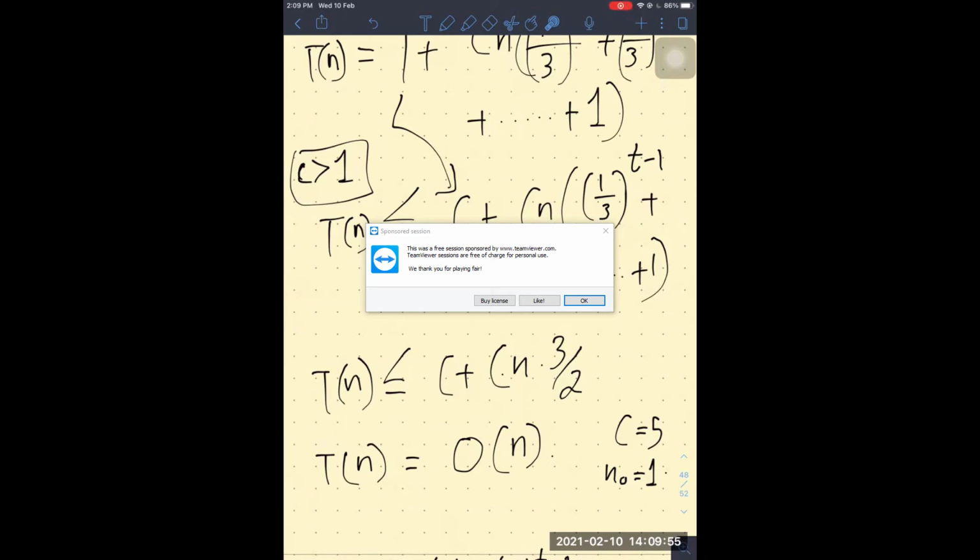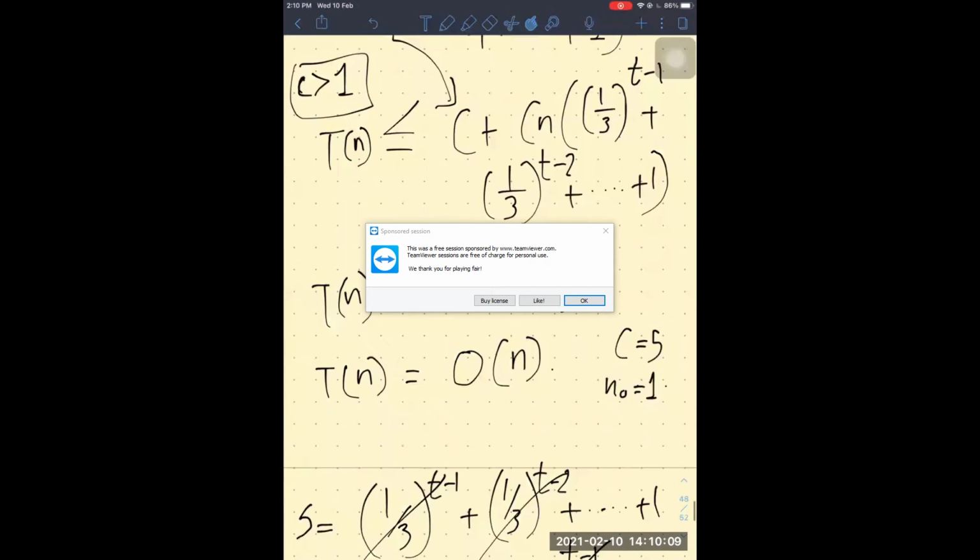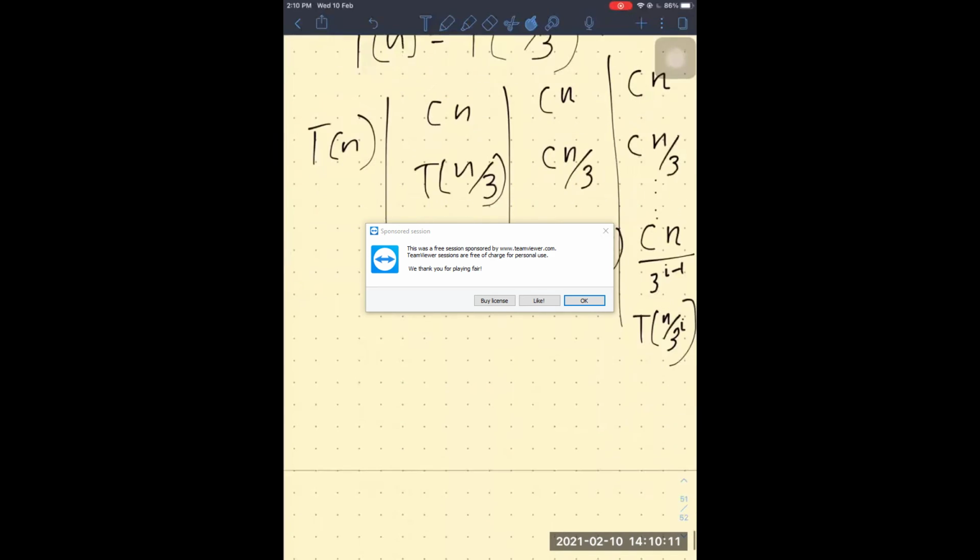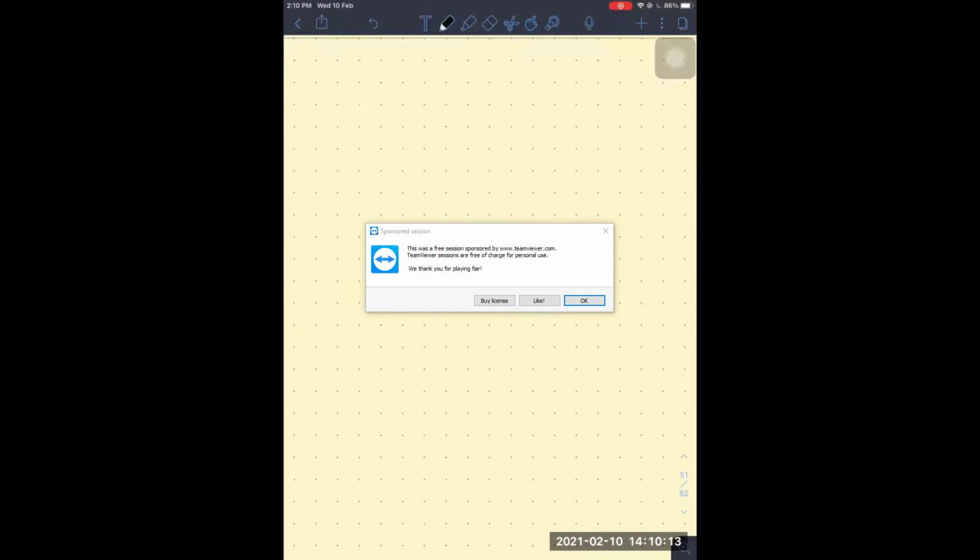Okay, so let me give you one other example, part of one code. You have to find the recursion formula for that code.